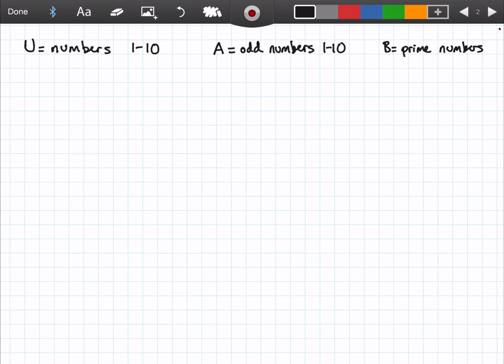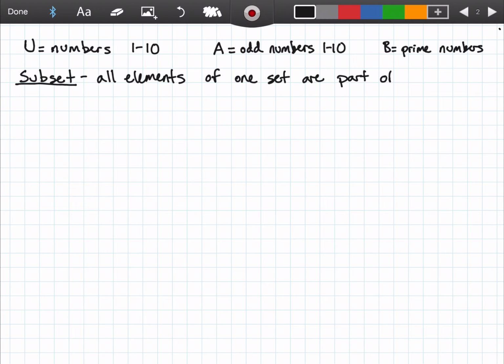Okay, the first thing that we're going to talk about is called a subset. And this means, to be a subset of something, all elements of one set are part of another.